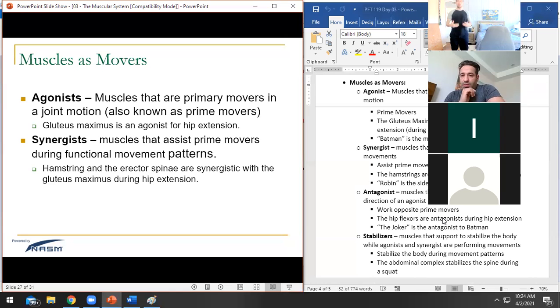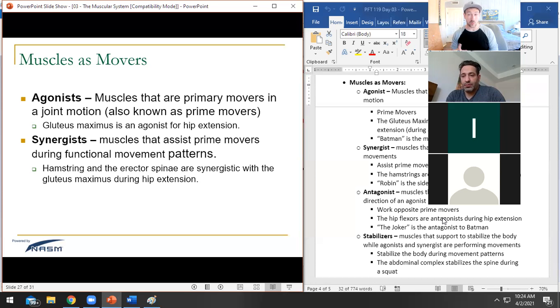We're going to teach you all of these movements in all the different joints inside the body. Well, we need to know which muscles are agonists during those movements. During a bicep curl, my agonist is my bicep and my antagonist is my tricep. That lets me know which muscles are doing which things inside the body.